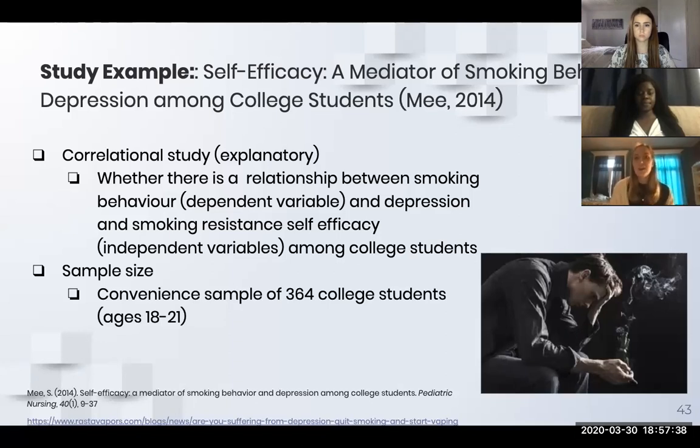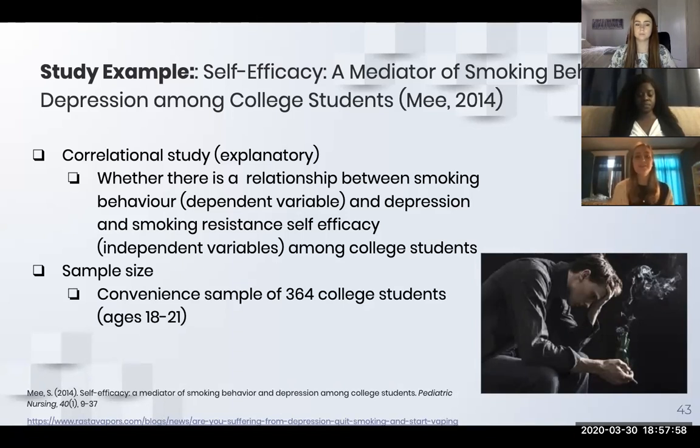Okay, now I'm going to talk about the study that we looked at. This study is called Self-Efficacy, a Mediator of Smoking Behavior and Depression Among College Students. So this is a correlational study, and we identified it as an explanatory study thanks to all the help we got from Marissa earlier on within the PowerPoint, who explained exactly what that meant.